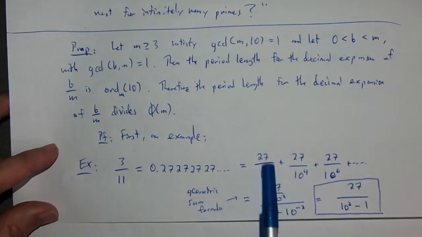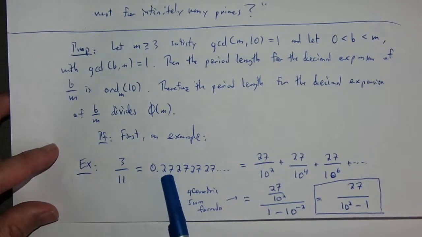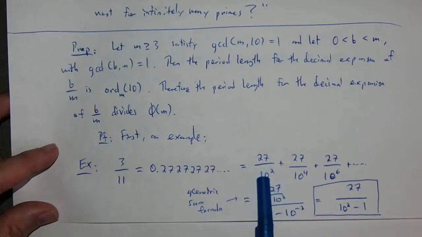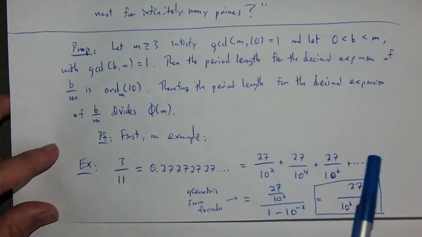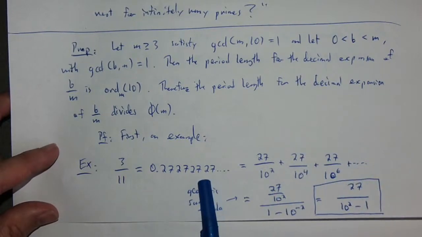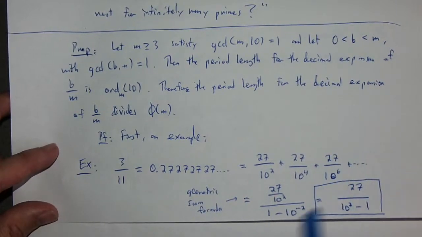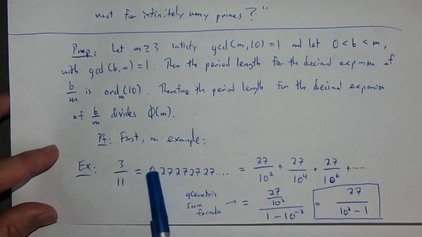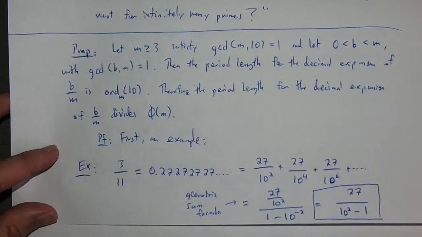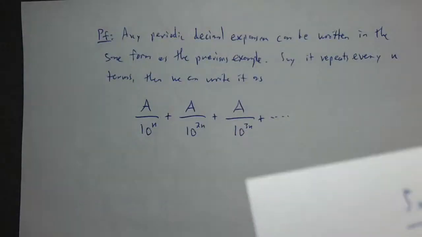That's what made us write this first thing of, well, this is 27 over 100, which is 10 squared, plus 27 over 10,000, which is 10 to the 4th, plus 27 over a million, which is 10 to the 6th, and so on, right? So this is how we wrote it like this. We didn't even necessarily directly think that it repeats every 2 blocks. I just looked at the decimal itself and wrote it like this, right? But the point is that we could do that.